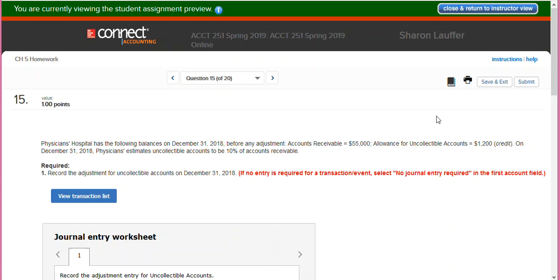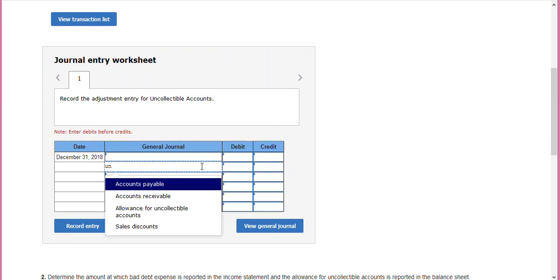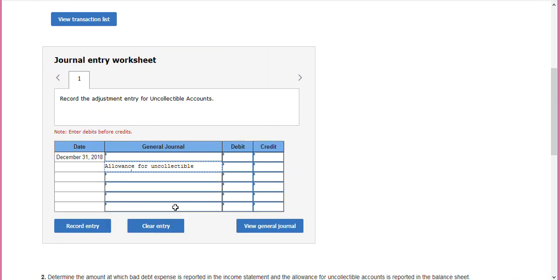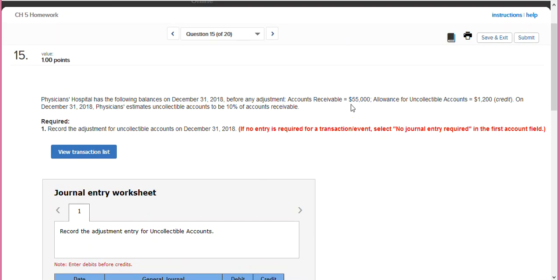It looks like they already have an allowance amount in there. They have a credit. So we're going to have to take that into consideration. So when you're adjusting that allowance for uncollectible accounts, that account actually offsets accounts receivable.